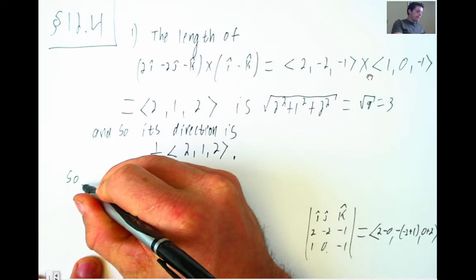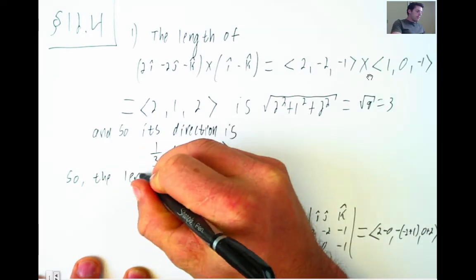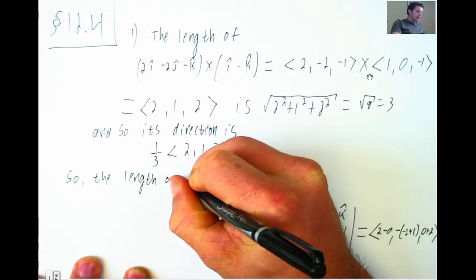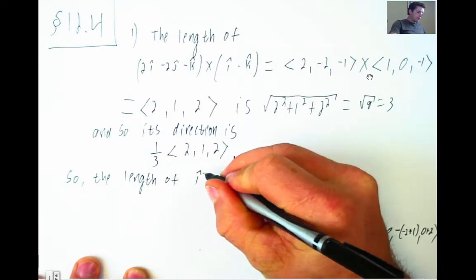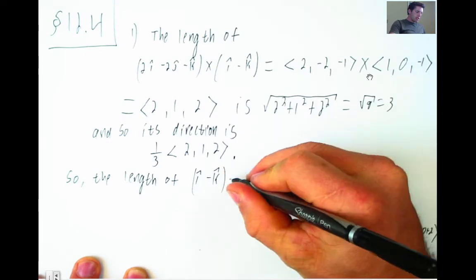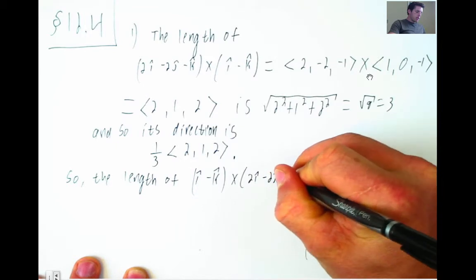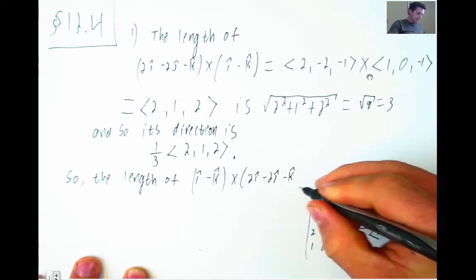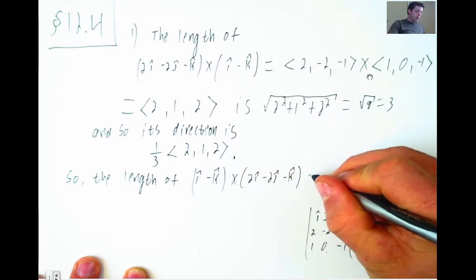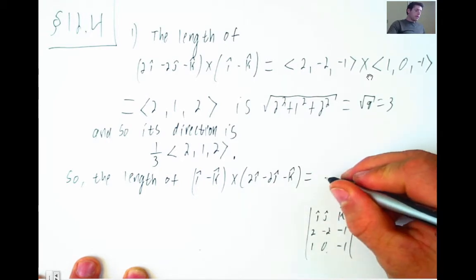So the length of, let's see, i hat minus k hat, I'm going to be reversing these guys, cross 2i minus 2j minus k, which is simply negative.